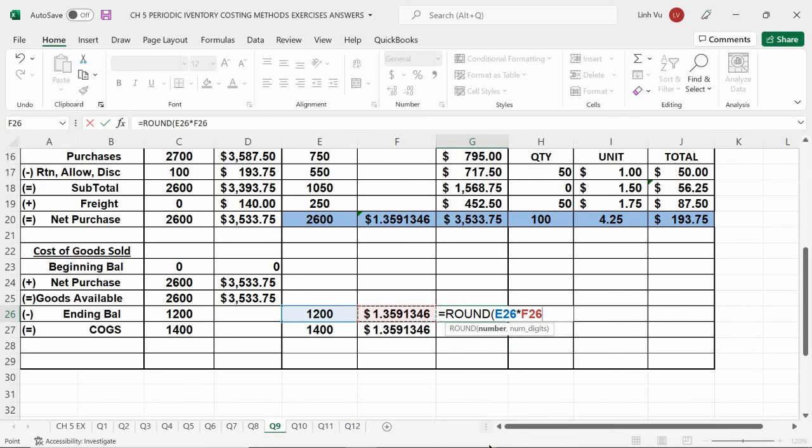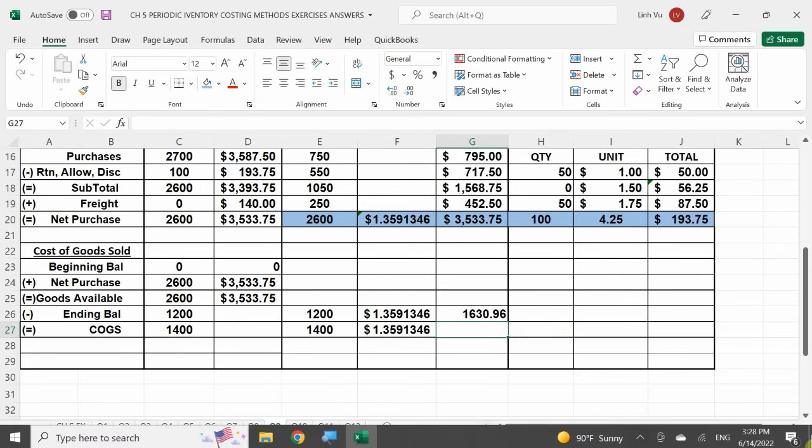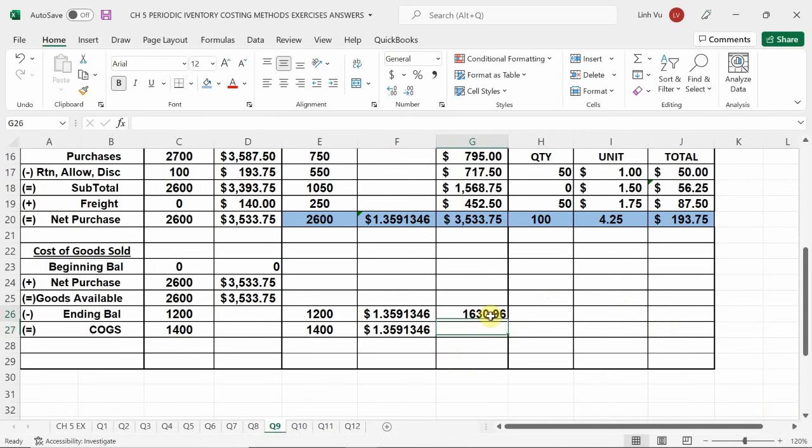If I solved for my ending balance, 1,200 units at that 1.3591346, this is going to give me a total of 1630.96.